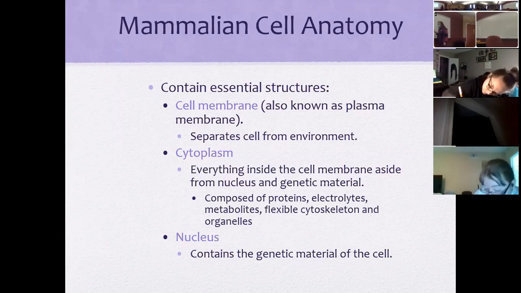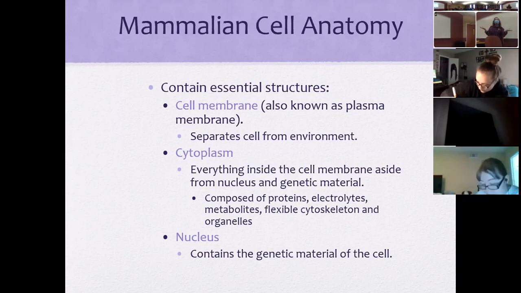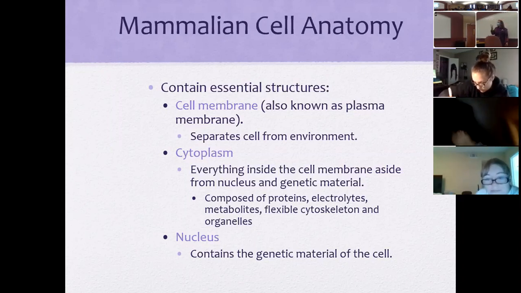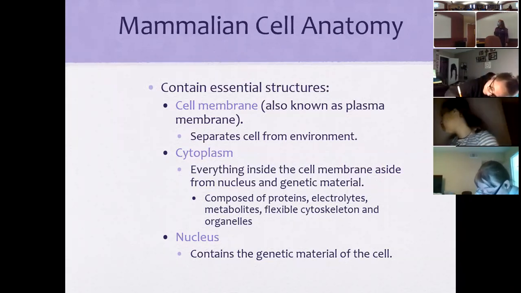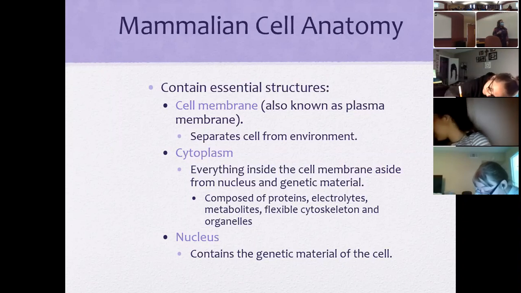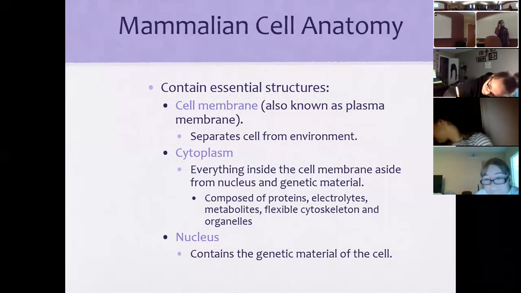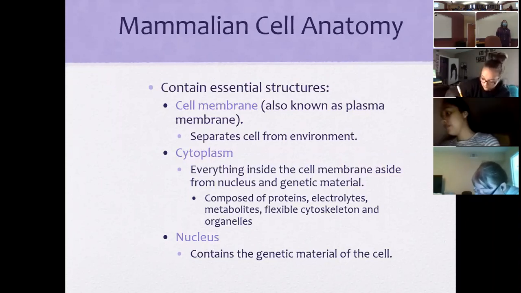Inside the cell, everything, the guts, the organs, the blood. Now, obviously, do cells have organs and blood? Well, kinda. That's all known as the cytoplasm. So everything on the inside of the cell is the cytoplasm, and it is separated from the environment by the cell membrane. Finally, we have the nucleus. This is the brain of the cell. It contains all the genetic material.